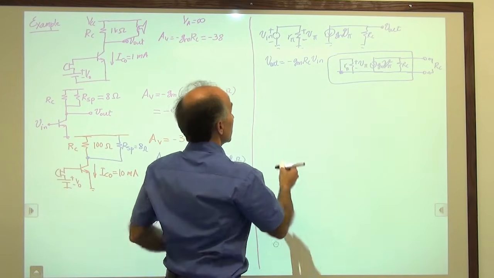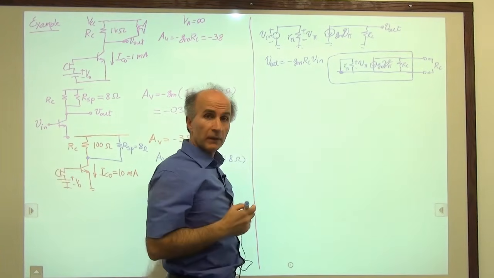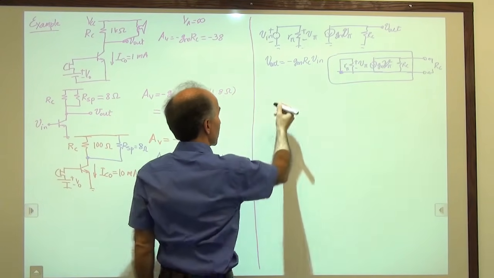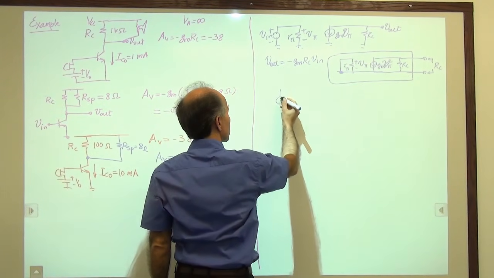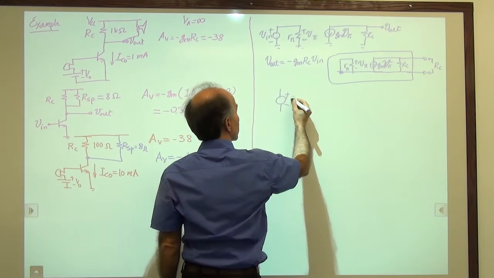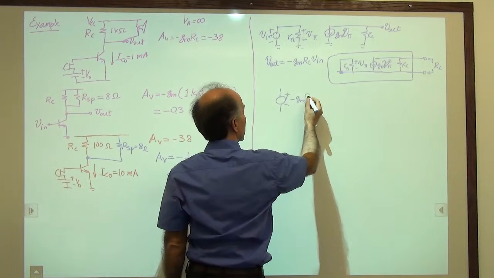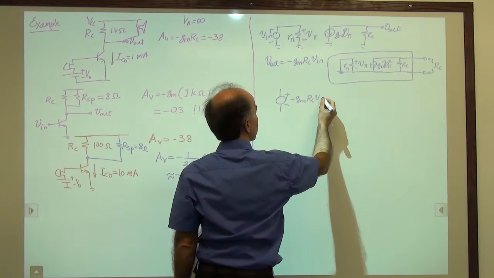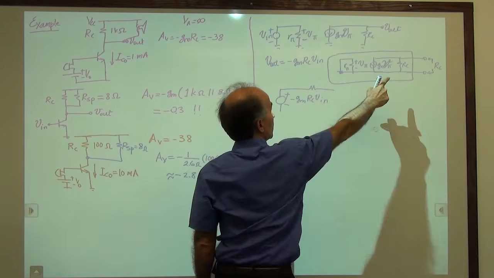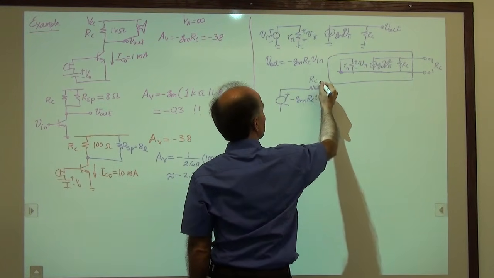Okay, so let's draw the equivalent circuit, the Thevenin equivalent circuit of what we have. Thevenin says we have a voltage source equal to what we just found. So that's minus gm Rc V in. And then we have a resistor equal to what we just found, which was Rc.